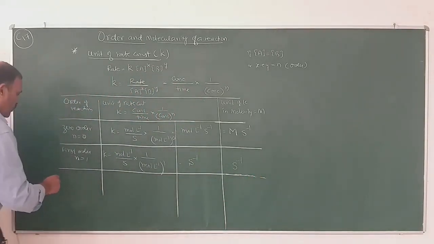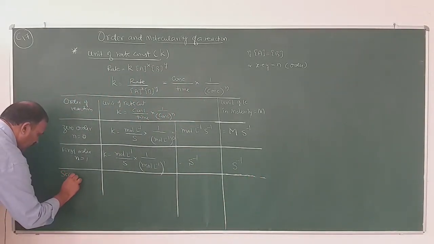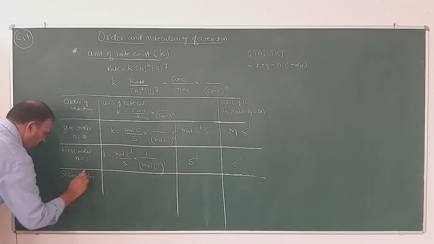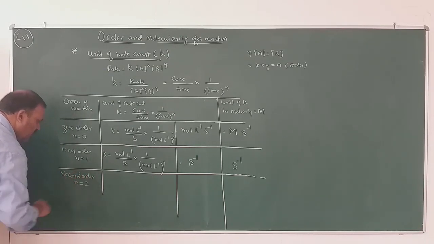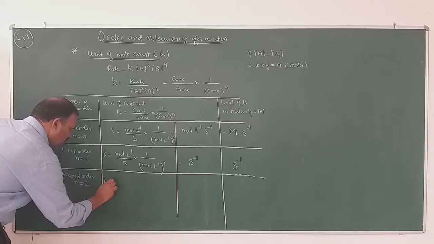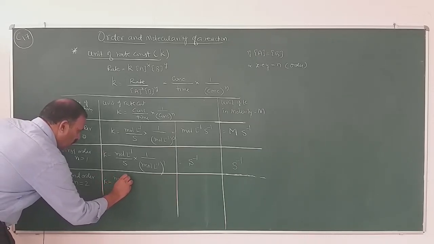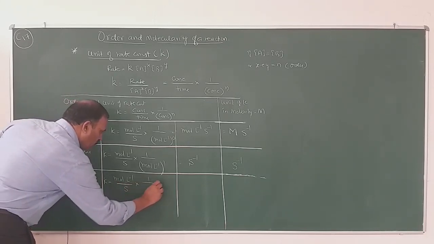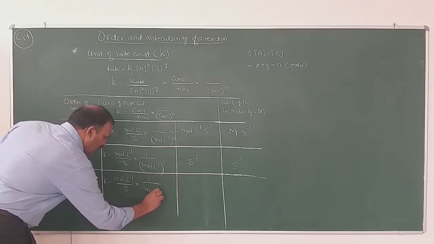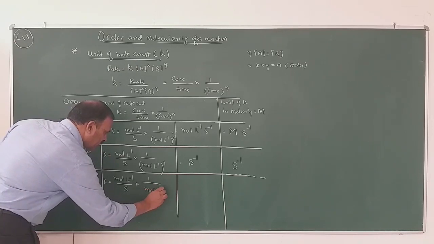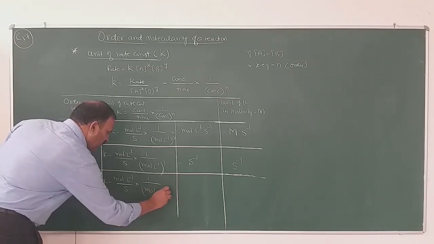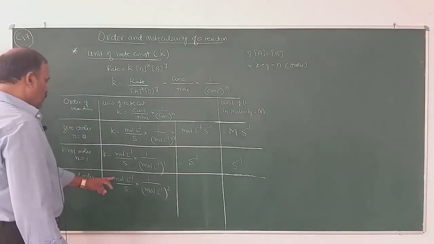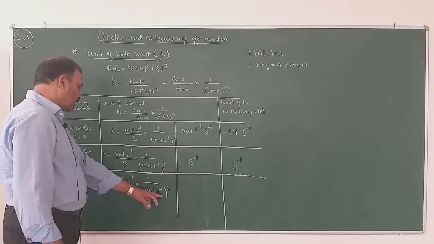So coming to second order reaction. Second order, here n equals 2. What is K? Mole liter minus 1 divided by second into 1 over mole liter minus 1 to the power of 2. So mole liter minus 1 and 1 over mole liter minus 1 cancel.